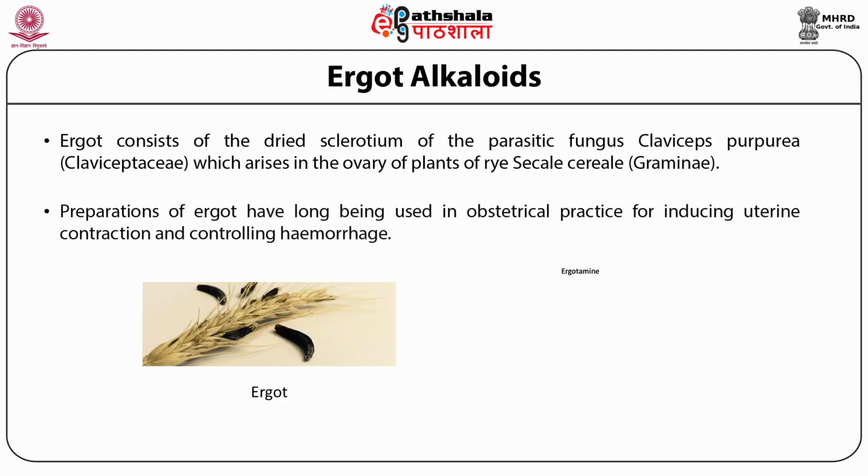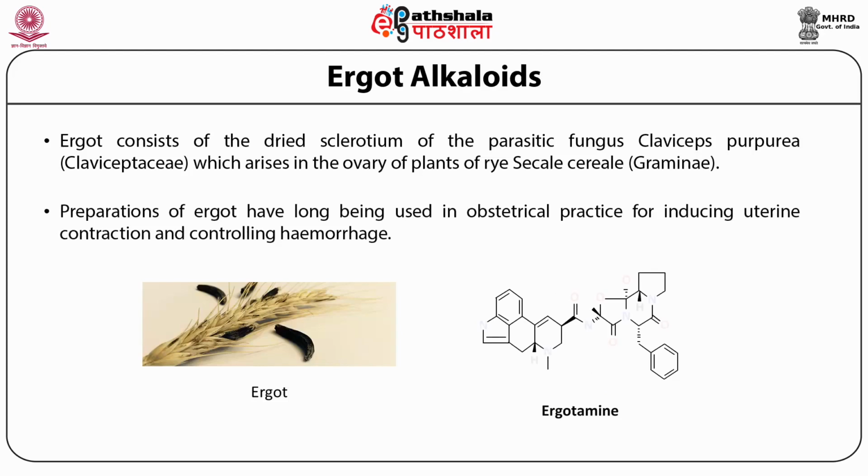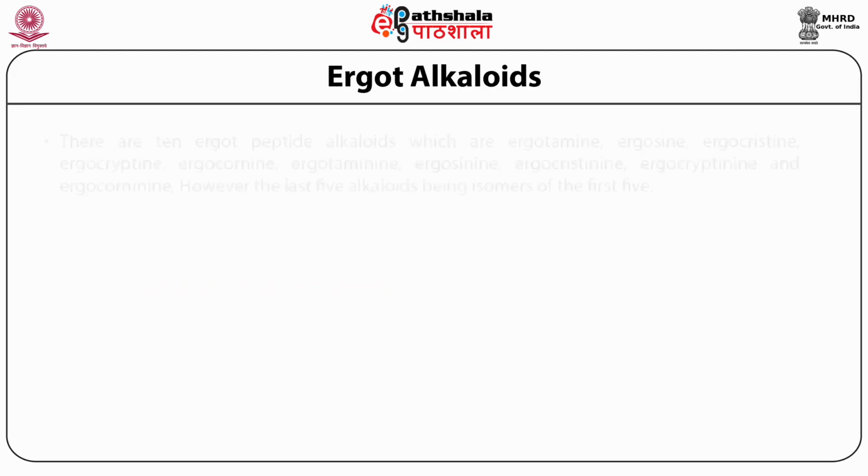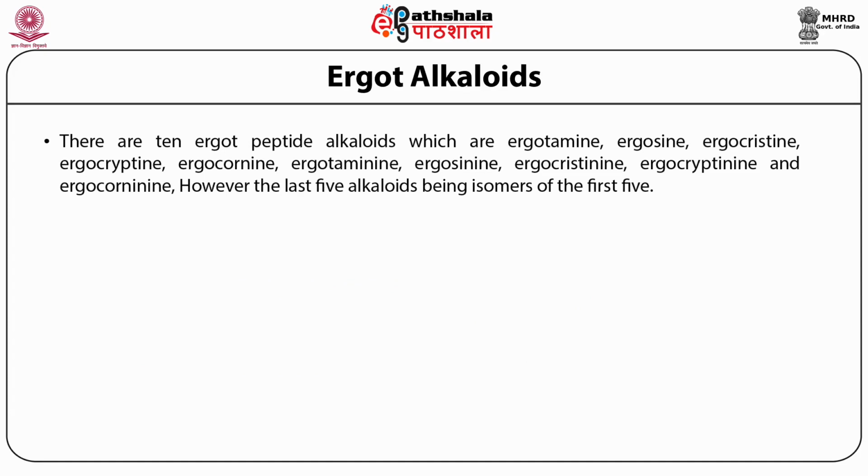The preparations of ergot have long been used in obstetrical practice for inducing uterine contraction and controlling hemorrhage. There are about 10 ergot peptide alkaloids. For example, to name a few: ergotamine, ergocine, ergocristine, others. There are 5 pairs of isomeric alkaloids.